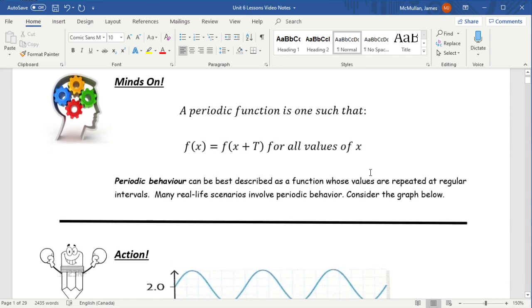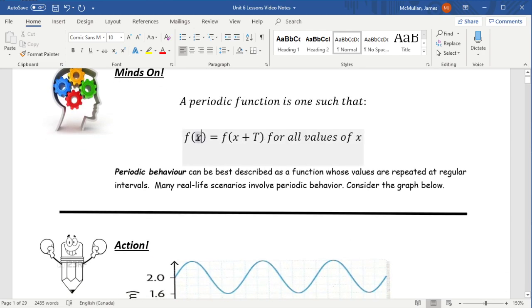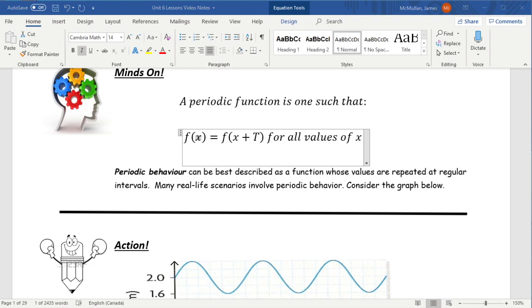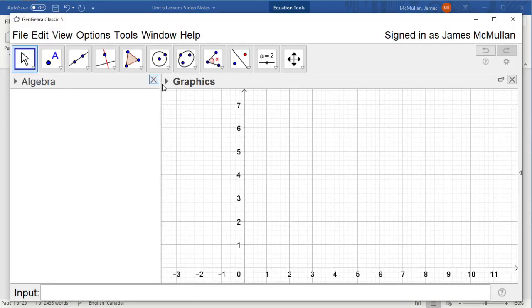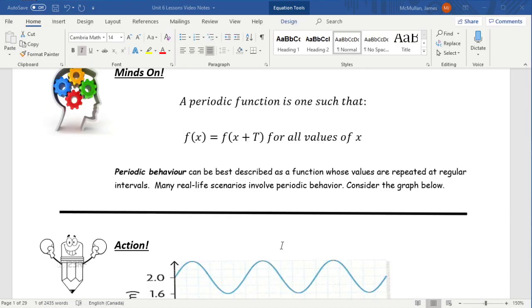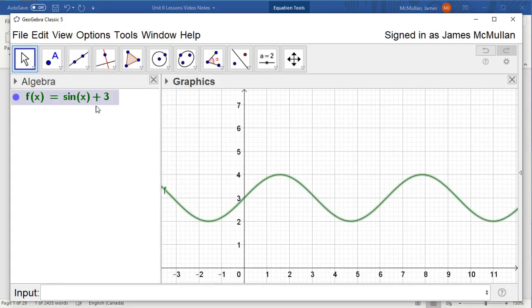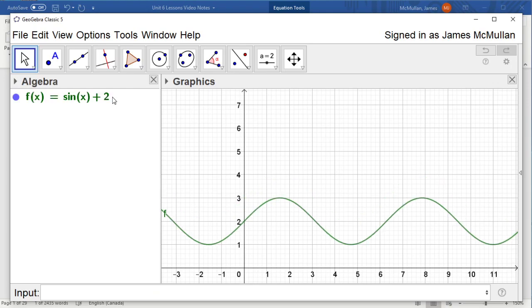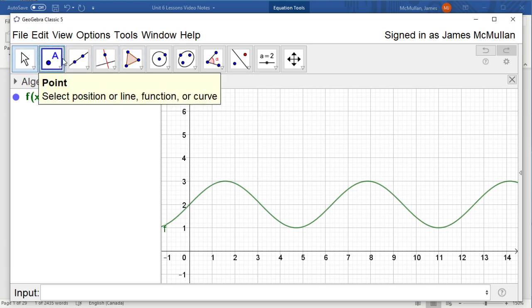Now my definition says that if you take any point x, let's draw this first of all. Let's draw a curve that looks kind of like this. We'll make it sine x plus 3. I guess sine x plus 2 is closer to what they had. We'll come back to why it looks like this later, but here's a point.